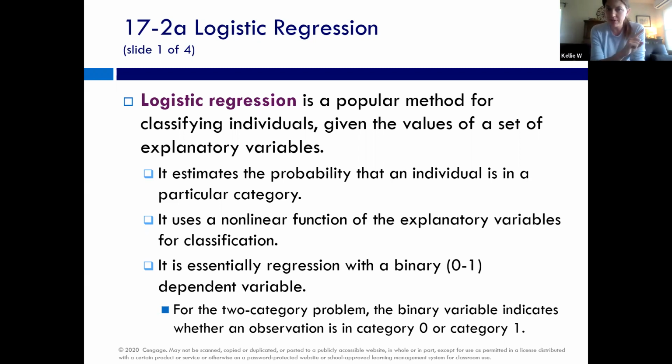So the variable is either 0 or 1, and then at some point it flips to 1, so it's not likely to be in that class, and then after a certain point it is. And for these types of problems, that binary variable is going to tell us whether that observation is in category 0 or category 1.